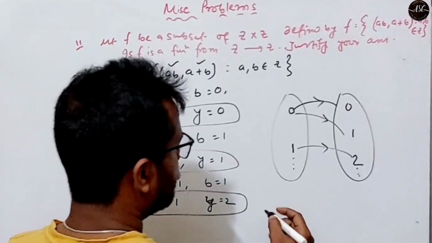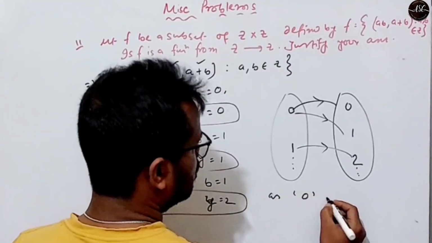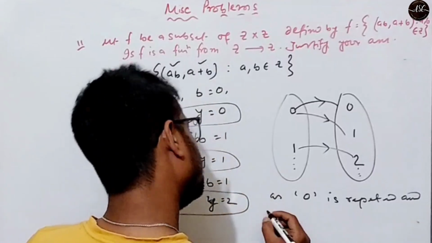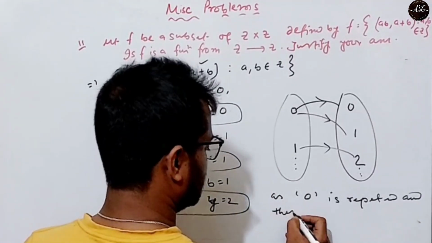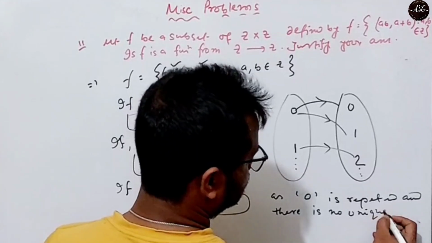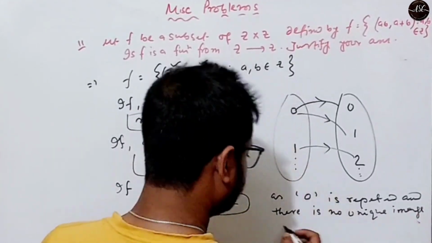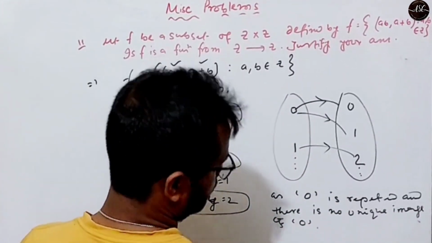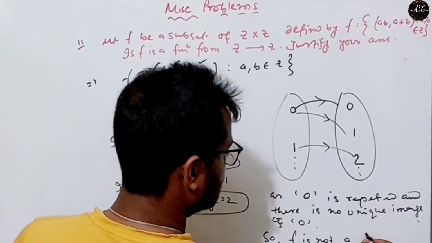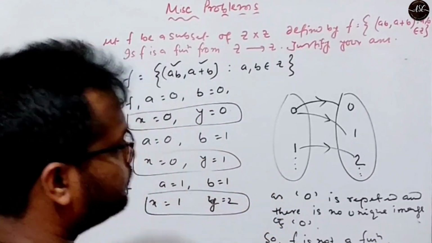So as 0 is repeated and there is no unique image of 0, f is not a function. Clear?